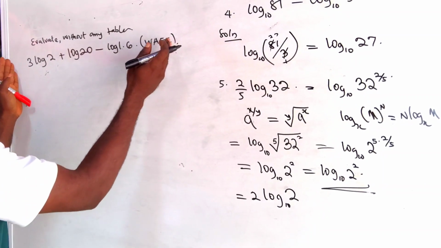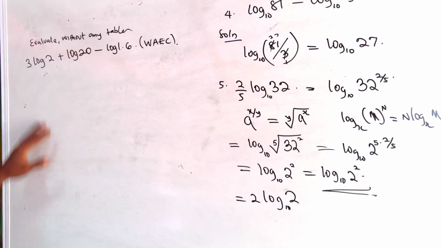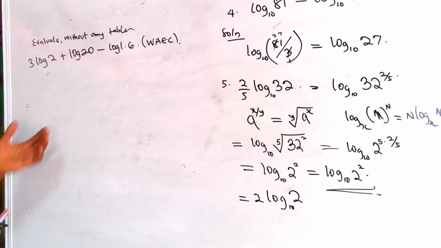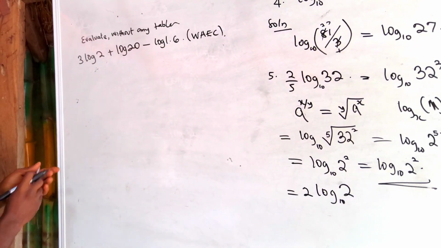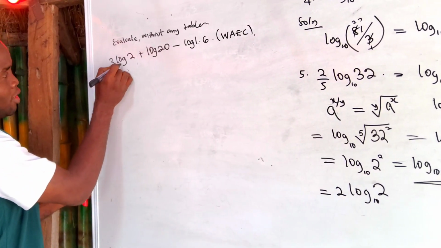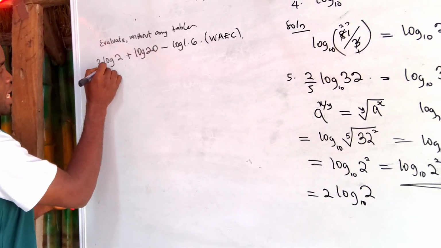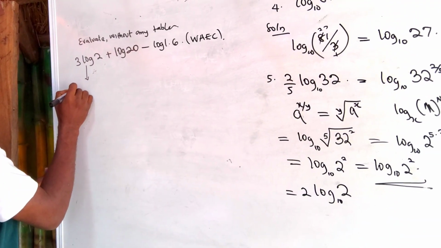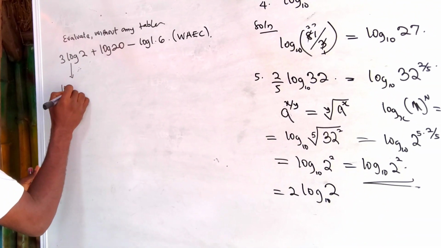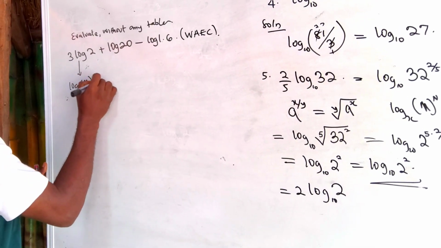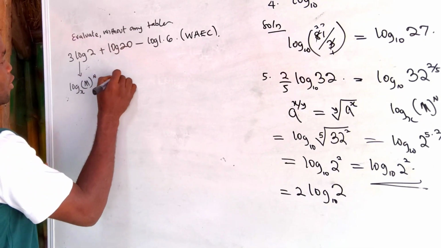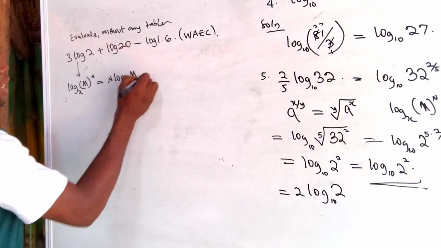So all you do is apply all the laws and bring them together. How many laws are being combined here? You have 3 laws being combined. The first law, you can see 3 log 2: when you have log base x of m to the n, this is the same thing as n log base x of m.